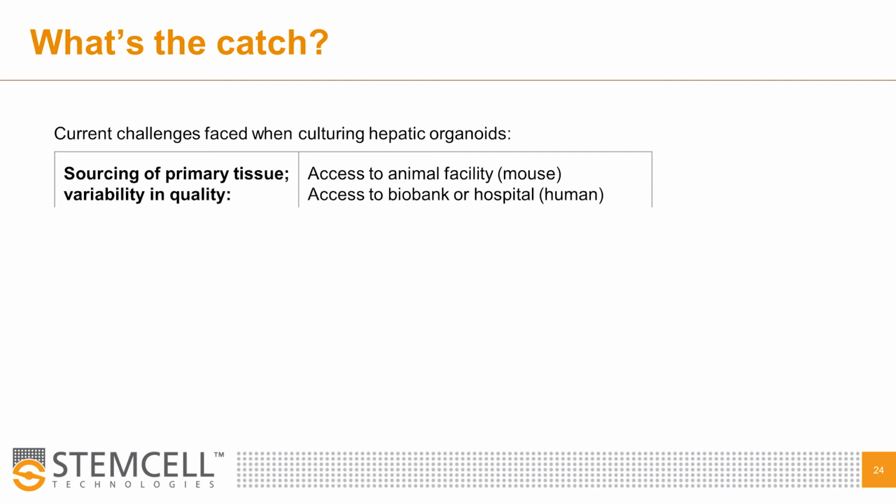For culturing most organoids, this is easily overcome, as all that is needed is access to an animal facility or the purchase of commercially available mouse liver organoids. For culturing human organoids, however, access to a biobank or collaboration with a hospital is typically required. It's important to initiate organoid cultures from high-quality tissue, preferably within less than 24 hours after resection.